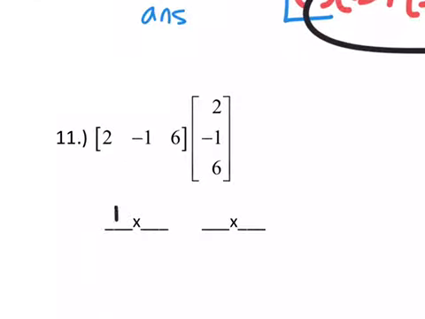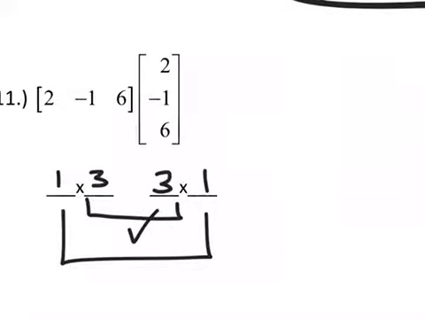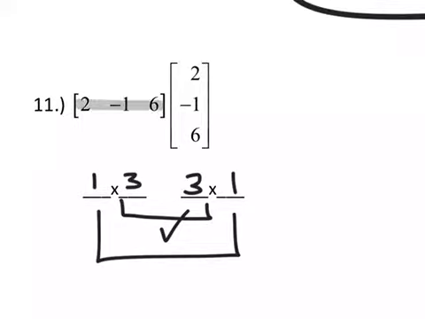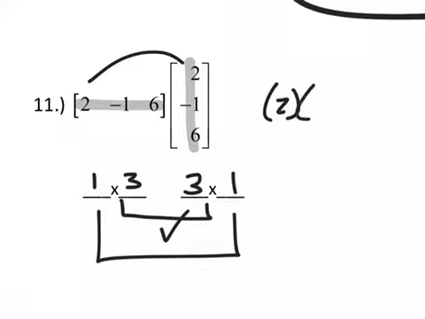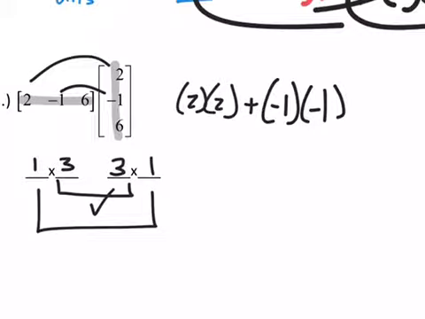Next one here, I've got a 1 by 3 and a 3 by 1. This tells me that they can multiply. This tells me that my matrix answer is going to be a 1 by 1. So I'm expecting just one answer here. And here's why. These are already matched up, one row by one column. So here we've got this. I've got a 2 times 2 plus a -1 times a -1 plus 6 times 6.